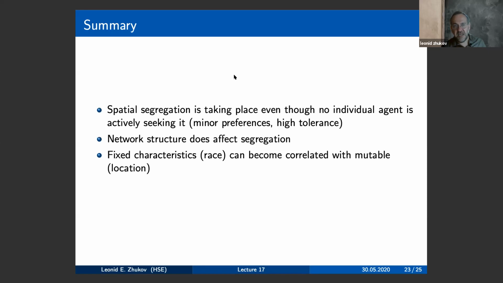And the network does affect this. The final conclusion is that those characteristics that are immutable, like race, become correlated with those that are mutable, like location. That's the result of the study.